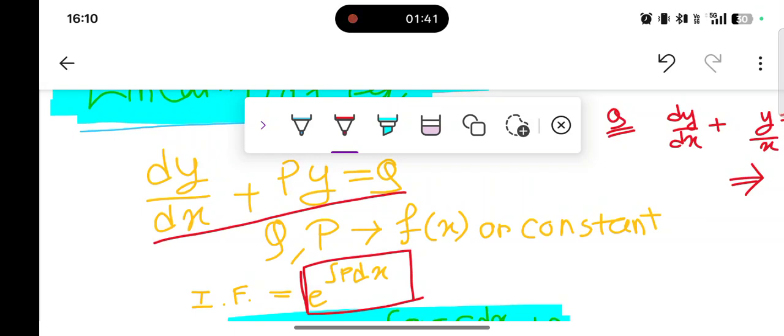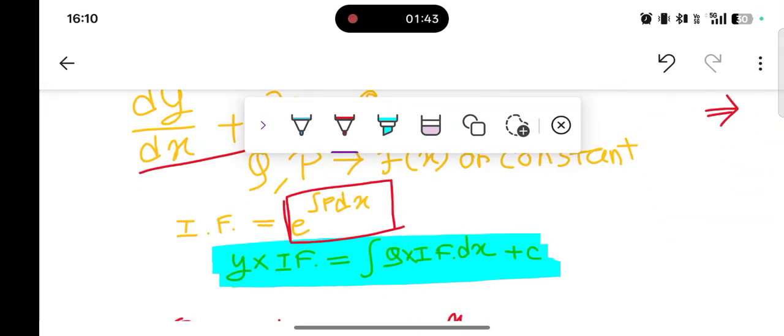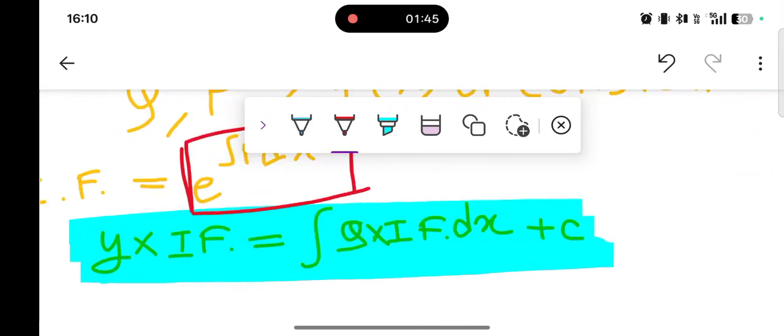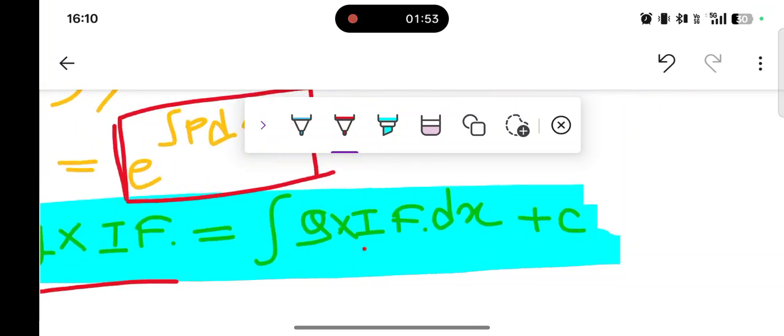For this equation only, not for all equations. After that, we have to multiply the integrating factor with the dependent variable at the left side, and at the right side we have to multiply the integrating factor with q, which is a function of x or a constant.